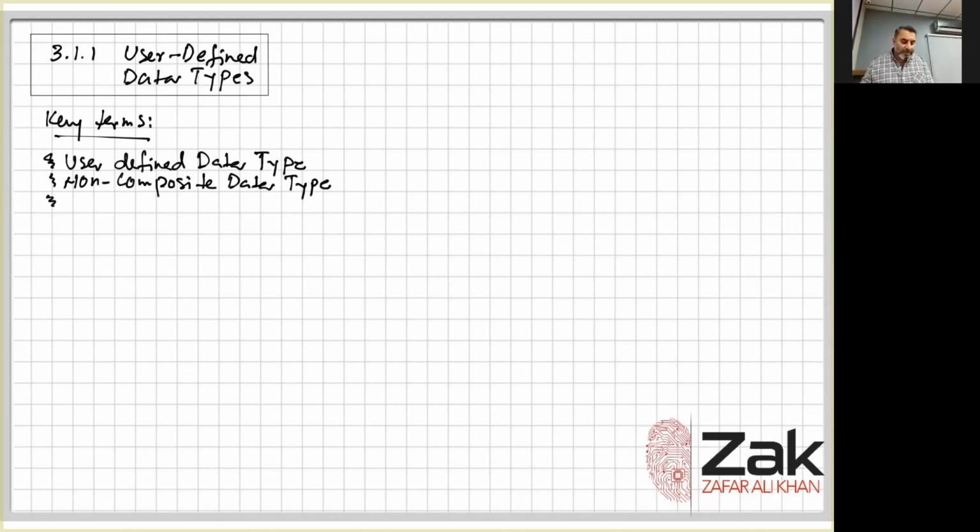Then enumerated data type: a non-composite data type defined by a given list of all possible values that has an implied order. For example, we have grades: A grade, B grade, C grade, D grade, E grade, and then U grade. So this collection would be called an enumerated data type, or A quality, B quality, C quality, and that's it. This is an enumerated data type.